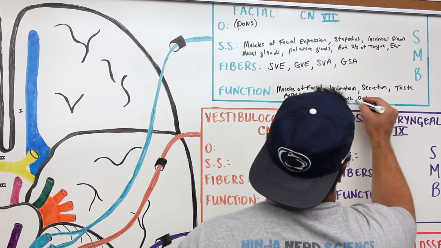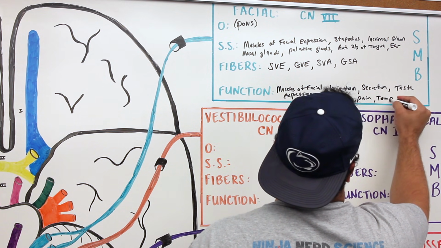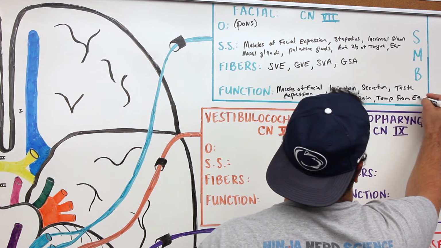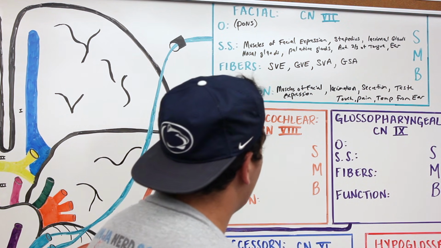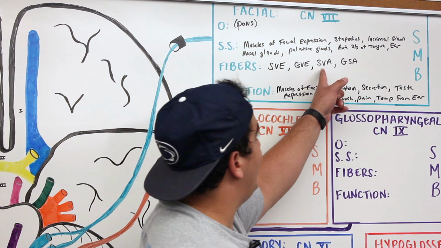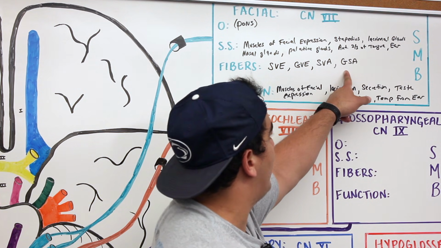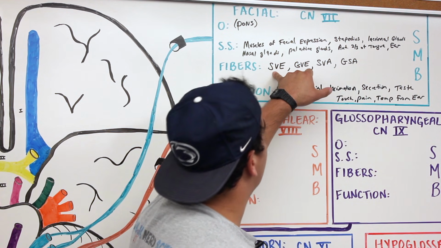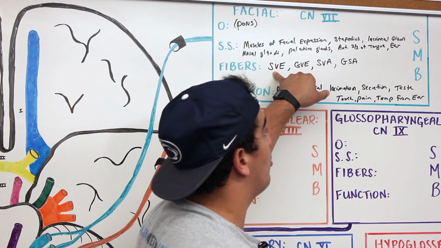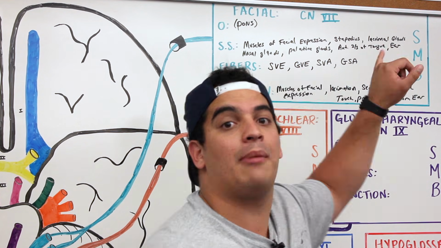Make it simple, right? Okay, so because of that, it's picking up sensations from the tongue and from the external ear. And it's providing secretomotor and muscle fibers, fibers that are going to the actual muscles. So because of that, it has sensory fibers and motor fibers.